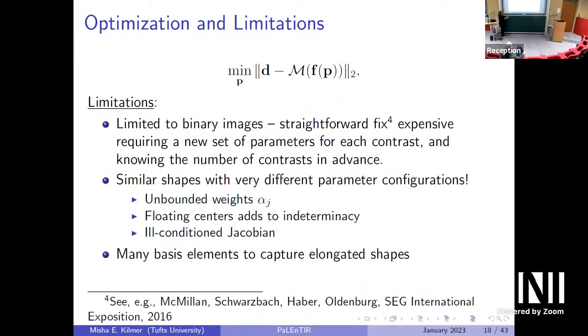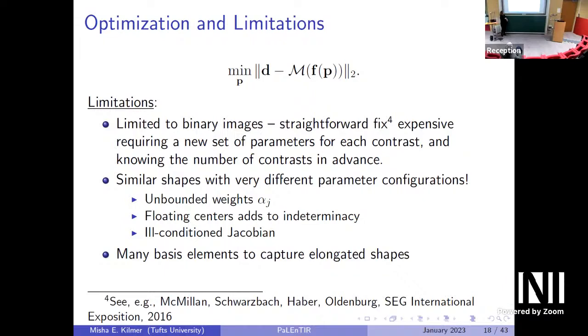Limitations. Nice segue. First, it's limited to binary images. The straightforward fix that was proposed back in one paper in 2016 turns out to be pretty expensive. You can think of it as needing another instance of this for each object that I want to represent, and then I also have to know how many contrasts I'm solving for, so that's bad.